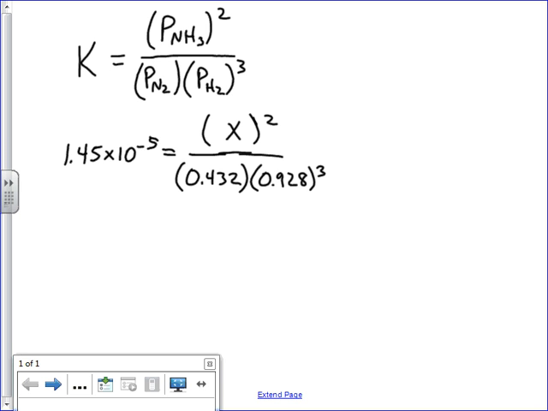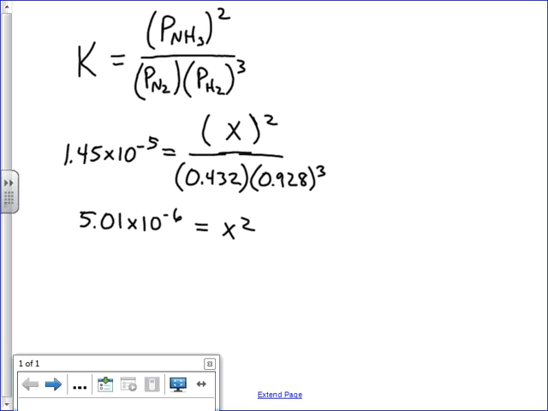We're just basically using some algebra here, maybe a little bit more complicated algebra than we've used so far. But 1.45 times 10 to the negative fifth, multiply that by the 0.432, and also multiply it by the 0.928 to the third power. And that should give me 5.01 times 10 to the negative sixth, and that's equal to x squared.